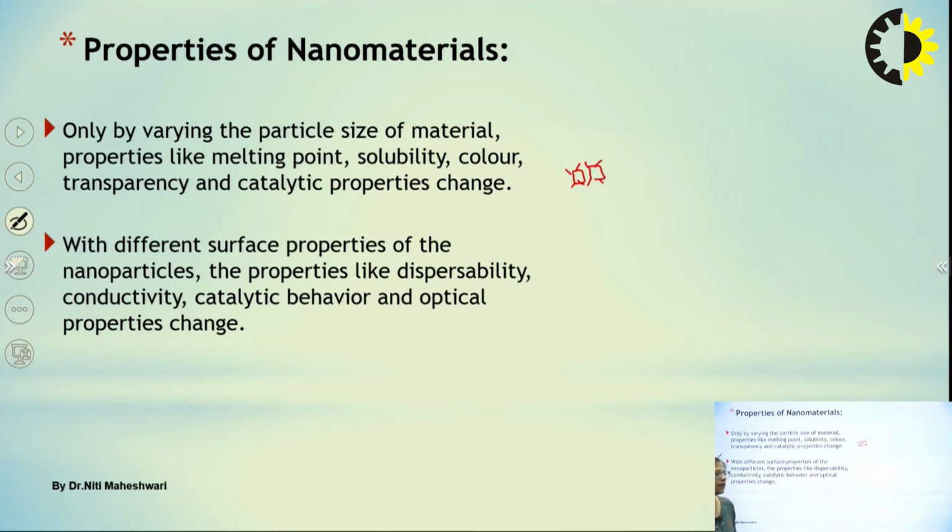As a result, there is going to be an enhancement in the catalytic properties of the material, along with different surface properties of the nanomaterials. For example, dispersibility, catalytic behavior, or the optical property changes. These properties will also change on breaking down the bulk material to the nano size.